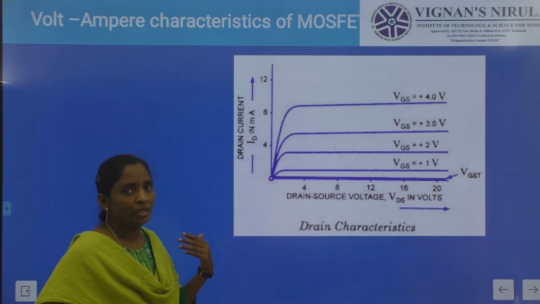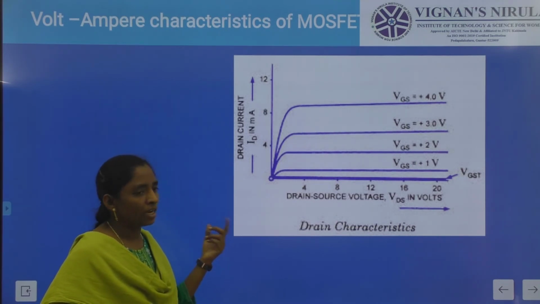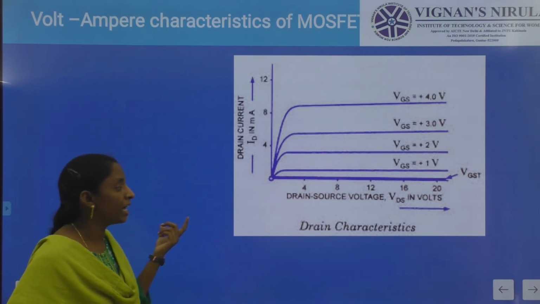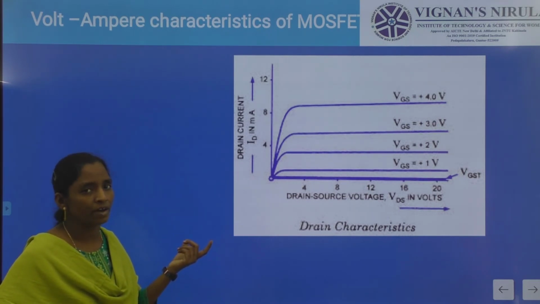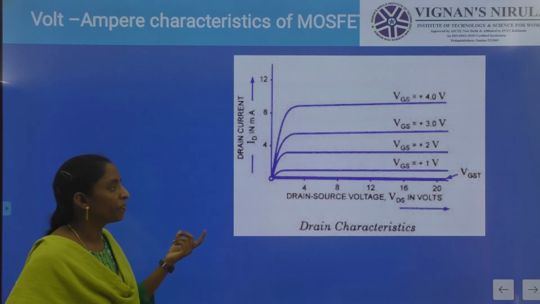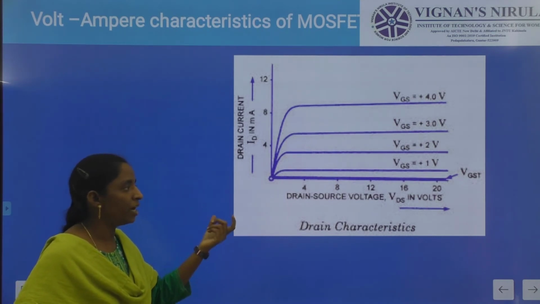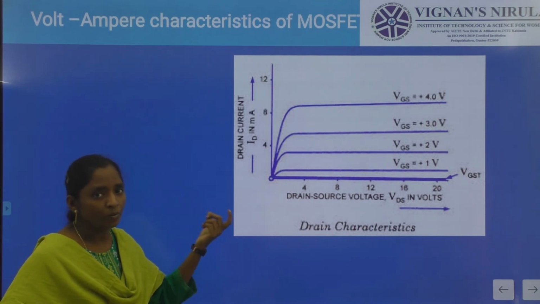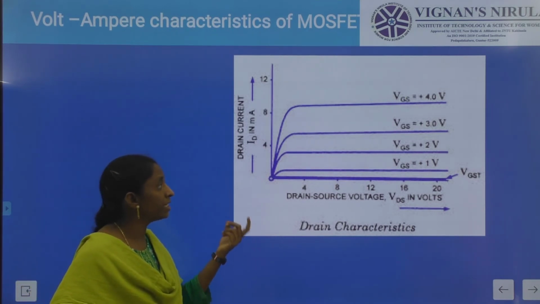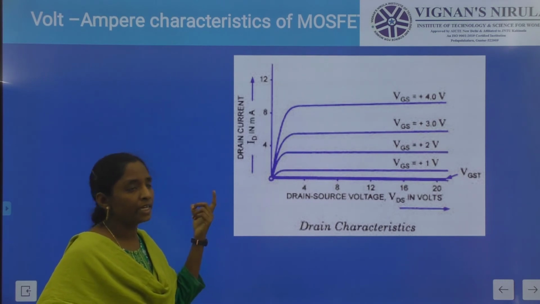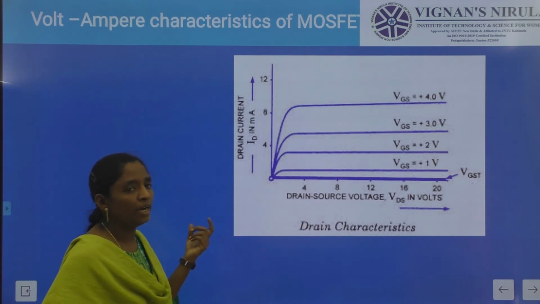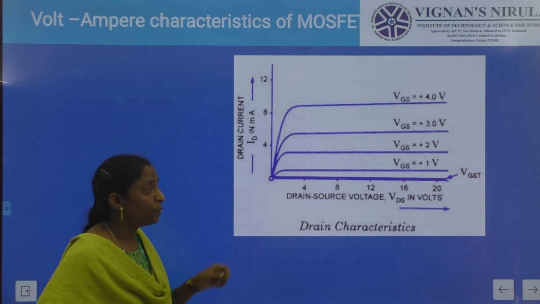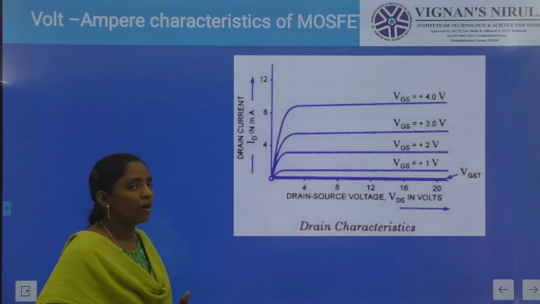Now look at the VI characteristics, the drain characteristics of the MOSFET. In a MOSFET, the output voltage VDS is taken on the x-axis and current ID is taken on the y-axis, keeping the input voltage VGS constant.